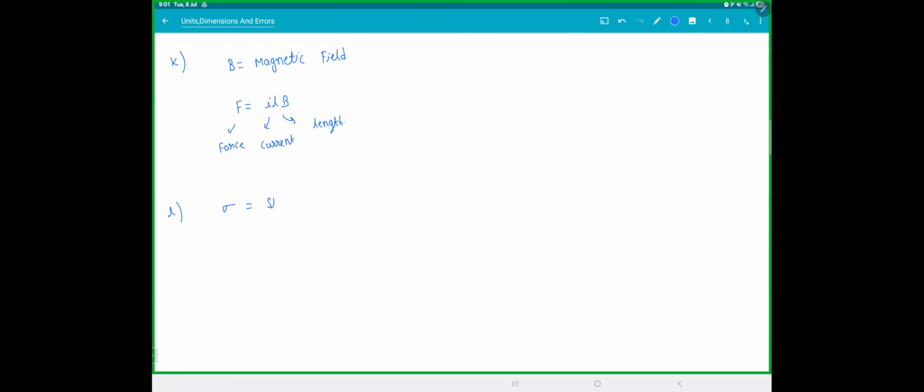Next, sigma, Stefan's constant. This is given by power is equal to sigma times area times temperature power 4.